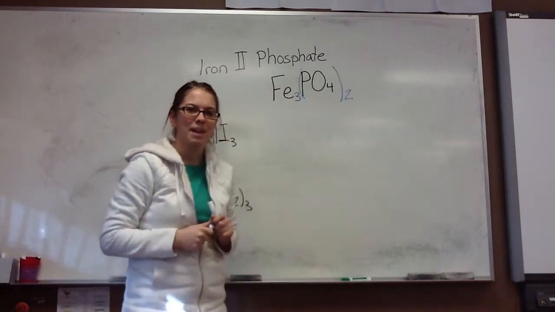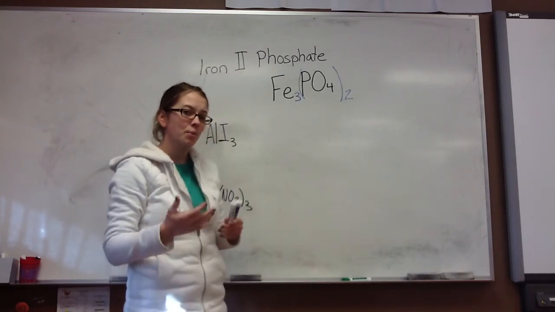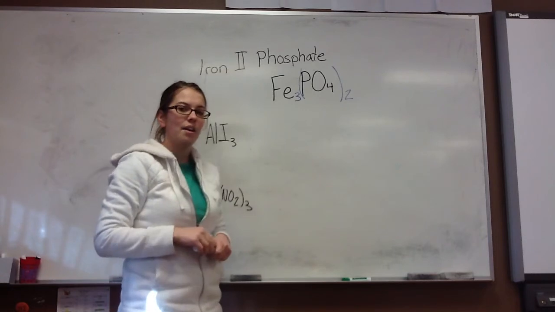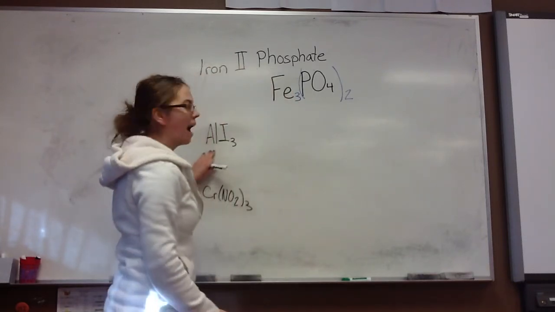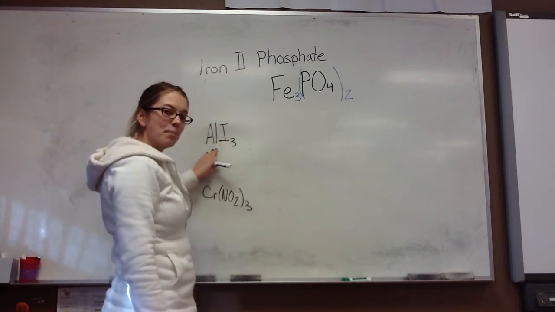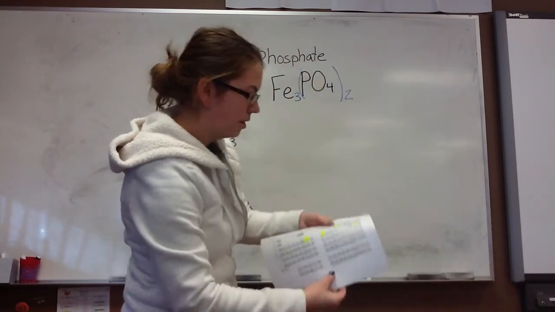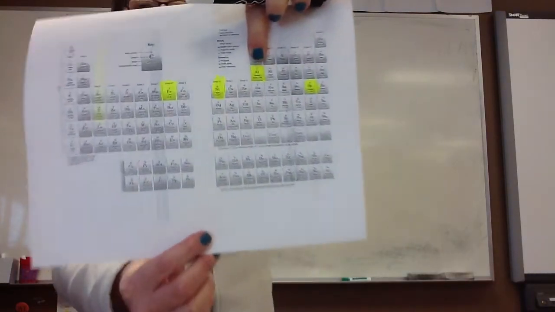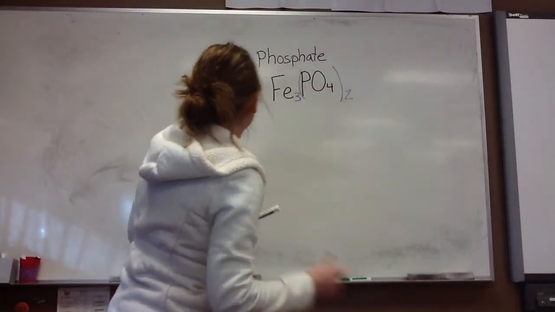Now let's work on naming an ionic compound. We follow the same steps, but we're using words now instead of symbols. Al, capital A, lowercase l, is our first symbol that we need to identify. On your periodic table, you'll see that Al stands for aluminum.